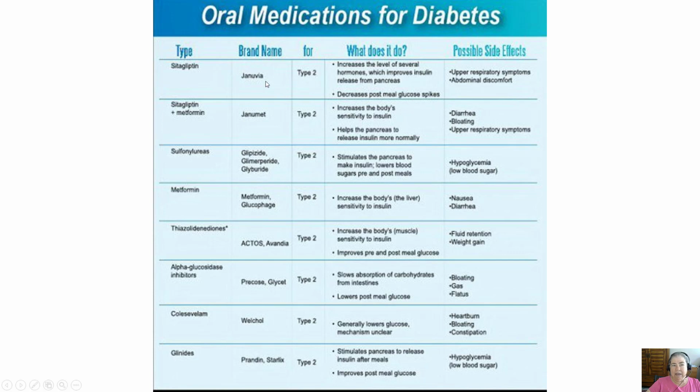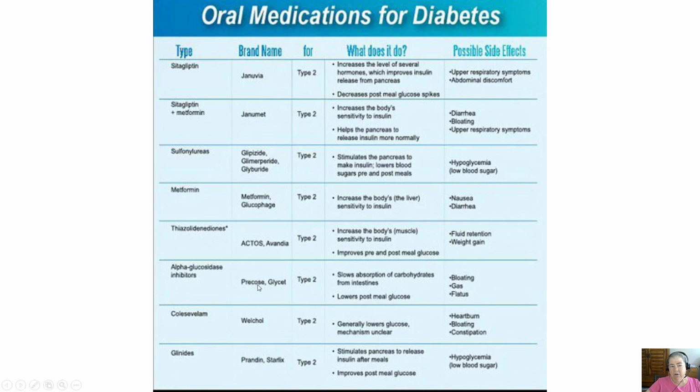Sitagliptin, Januvia, increases the level of hormones to trigger insulin release from the pancreas, while metformin increases liver sensitivity to insulin. So it kind of helps fight that insulin resistance, particularly in the liver.